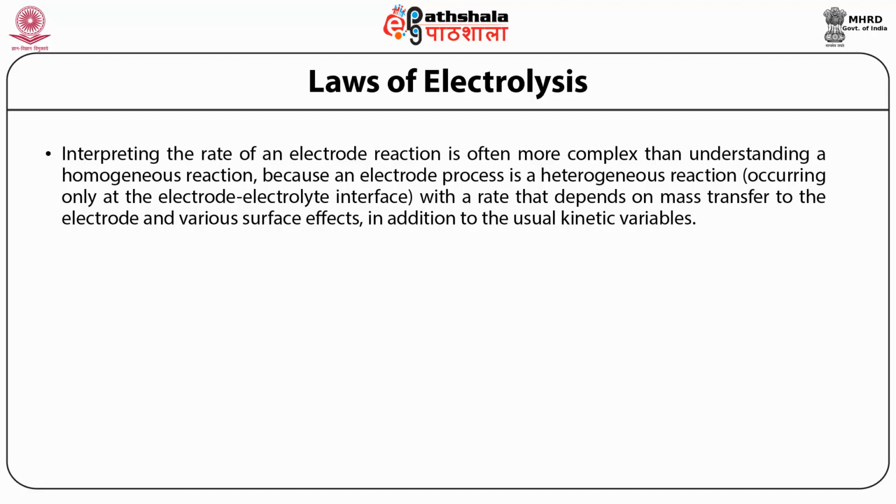often more complex than understanding a homogeneous reaction, because an electrode process is a heterogeneous reaction occurring only at the electrode-electrolyte interface, with a rate that depends on the mass transfer to the electrode and various surface effects in addition to the usual kinetic variables.